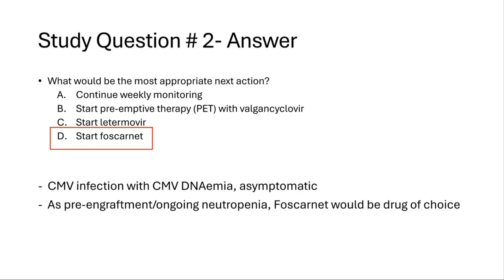So based on the exam question stem, this patient has CMV infection with CMV DNAemia, which is asymptomatic, right? The patient is doing well. And because she is still pre-engraftment, with ongoing neutropenia, foscarnet would be the drug of choice in this particular case.